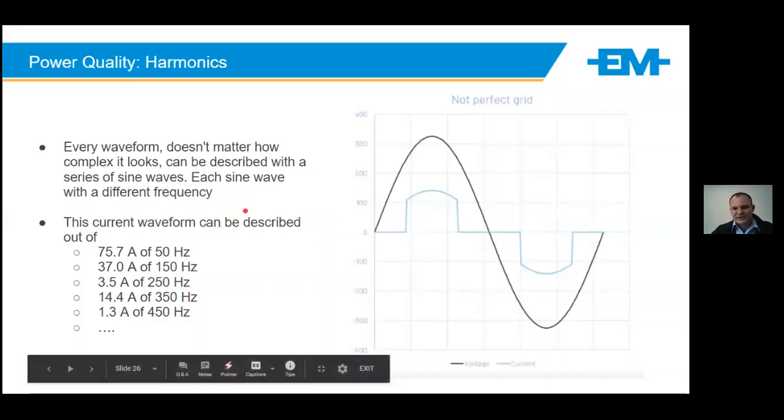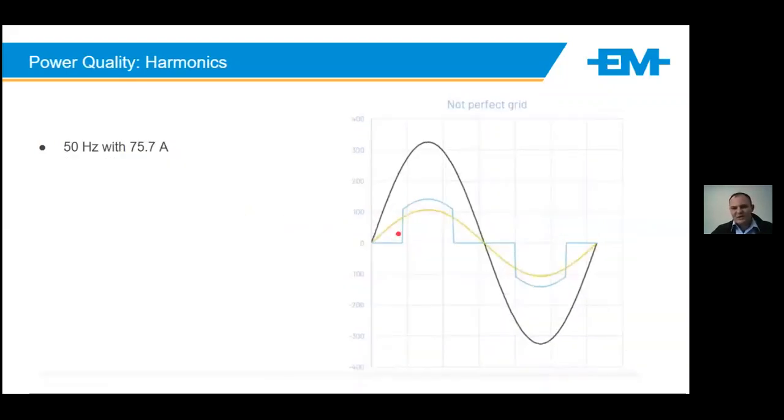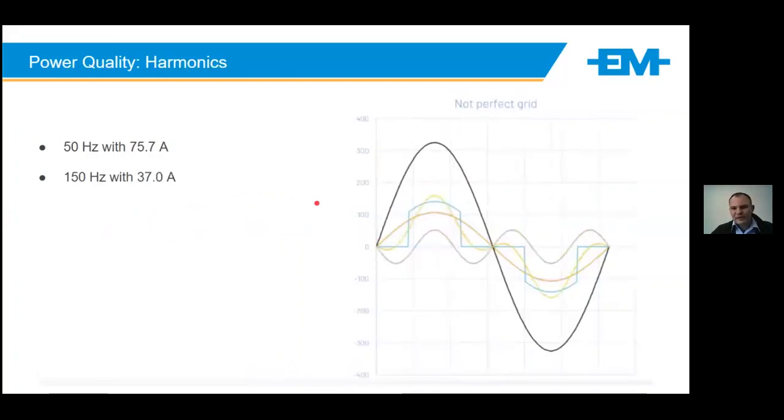So what does this look like? We have our original 50 hertz. In this example, that's 75 amps. Now we have 37 amps at 150 hertz being applied, which, if you see the difference here, increases the waveform because it's adding up.